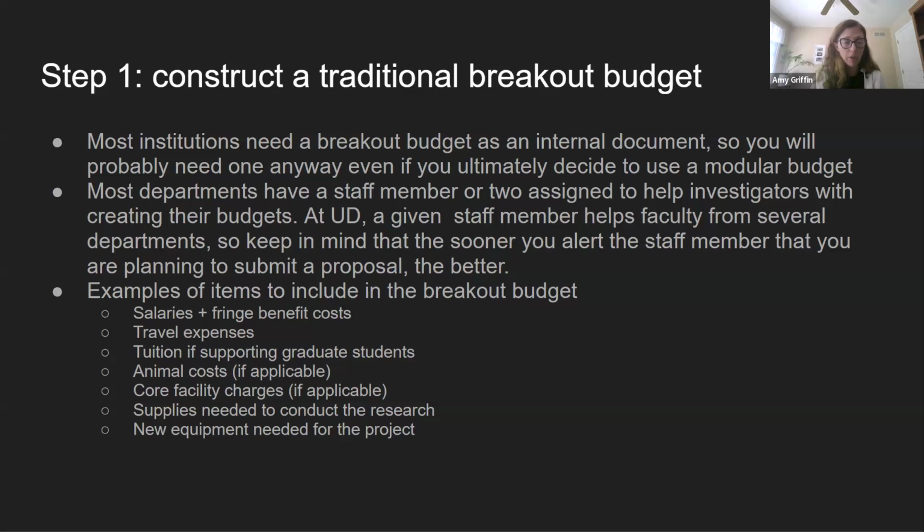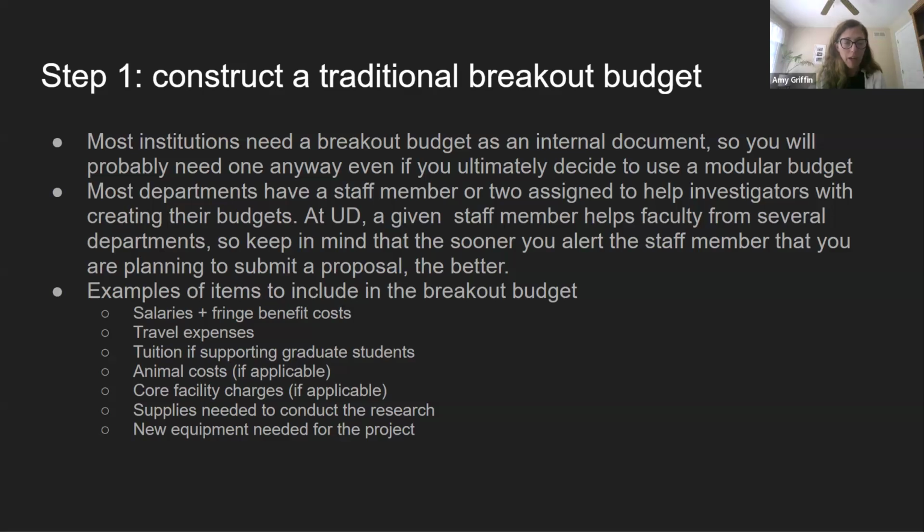So you may have those kinds of charges. And then supplies needed to conduct the research. These are going to be all kinds of things. For us, surgical supplies and things that are used for the experiment usually once and have to be discarded, things like gauze and Q-tips that we have to throw away.